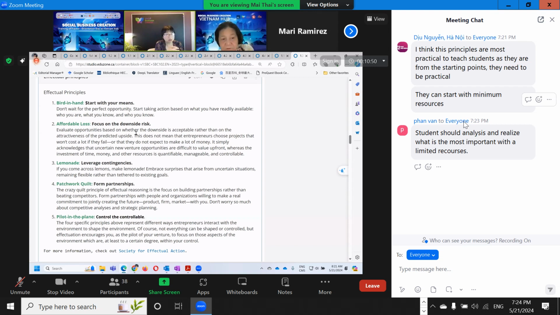We know statistically 50% of companies will die within 2 years. And for the next 5 years, around another 50% will die, and the rest will just be in survival mode, and very few will actually become a big company. So let students be aware of that and think of these projects as trial and error.